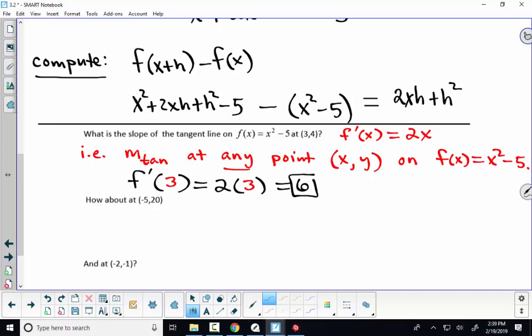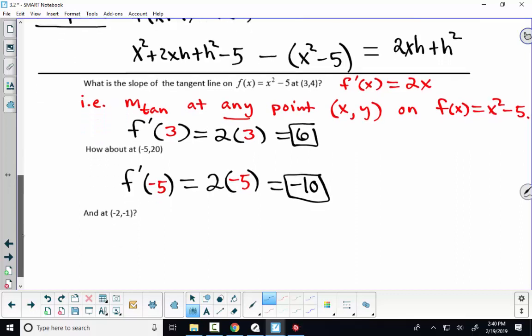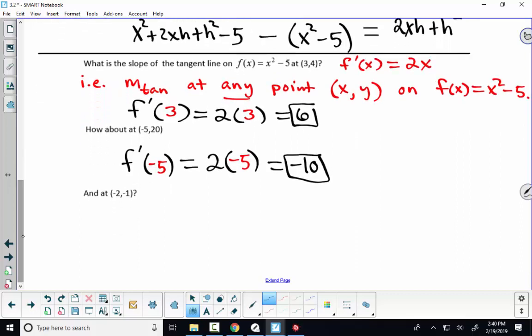What's the slope on x squared minus 5 at the point (-5, 20)? -10. So that's just f prime of -5, which is 2 times -5. How about the slope at (-2, -1)? -4.